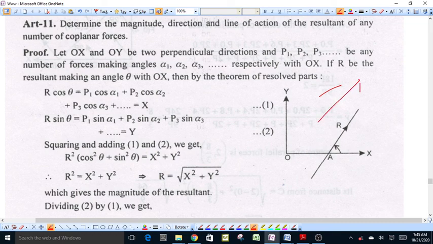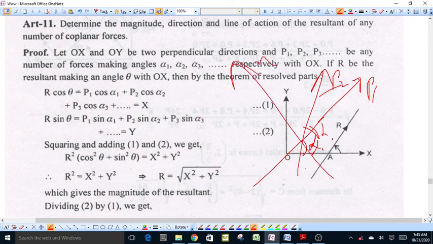This is P1, which makes an angle alpha 1, and suppose this is P2, which makes an angle alpha 2. This is Pn, which makes an angle alpha n with the positive direction of the x axis.